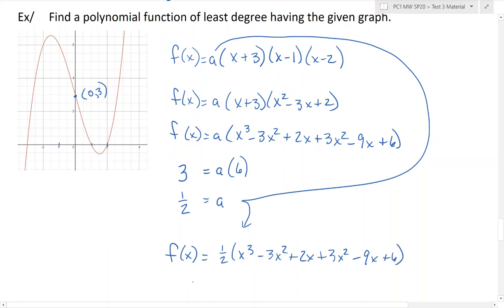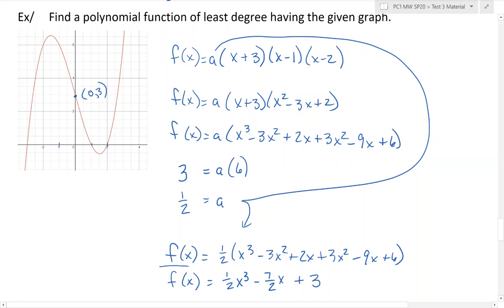That's all in expanded form. And so f of x equals 1/2 x cubed. I can put my x squareds together, they go away. I can put my x's together, I get a -7/2 x after multiplying by the 1/2, plus a 3.